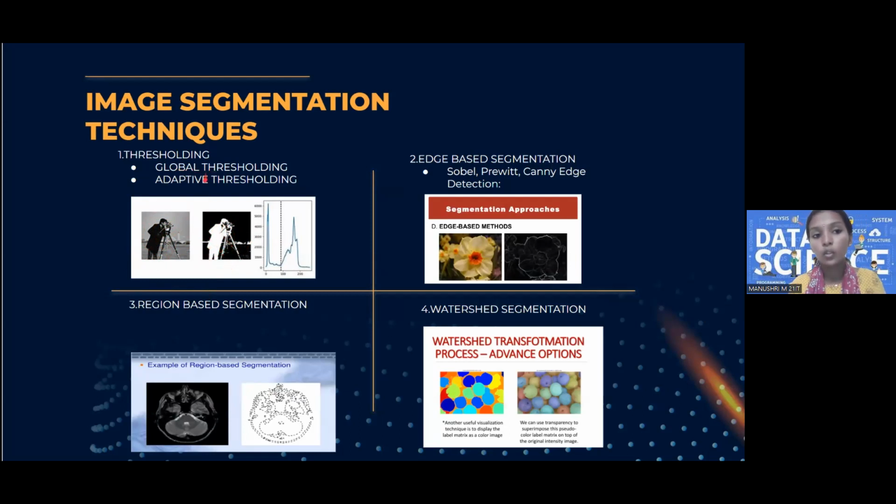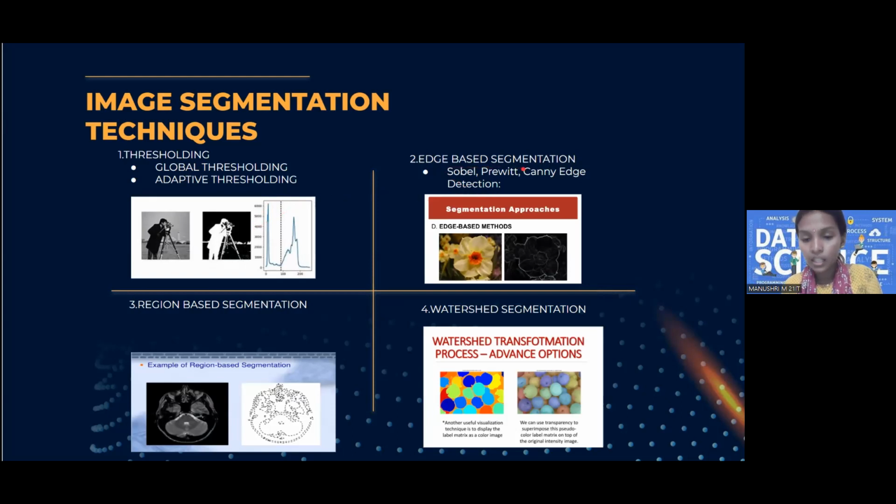It is of two types: global thresholding and adaptive thresholding. In global thresholding, one threshold value is followed throughout the entire image, whereas in adaptive thresholding we change the threshold value individually based on the image. That's why they are termed global and adaptive thresholds.